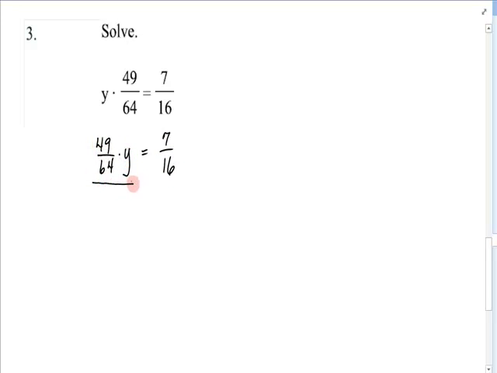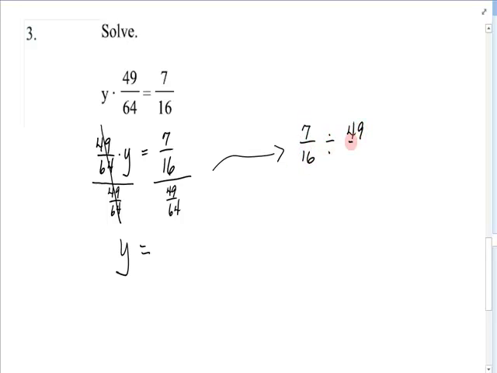So let's divide by 49/64, divide by 49/64. Anything over itself is 1, so that's 1y. We go off to the side. That is 7/16 divided by 49 over 64. We will do keep, change, and flip.